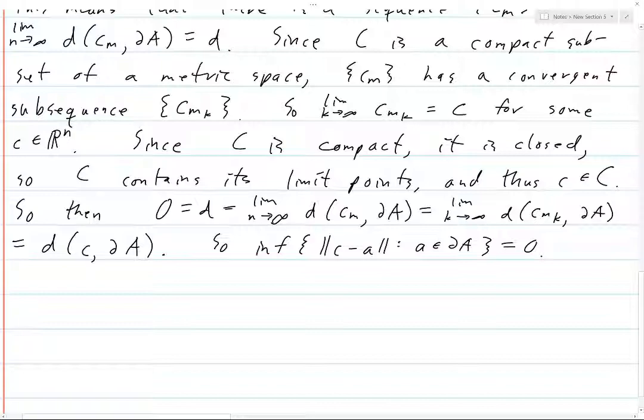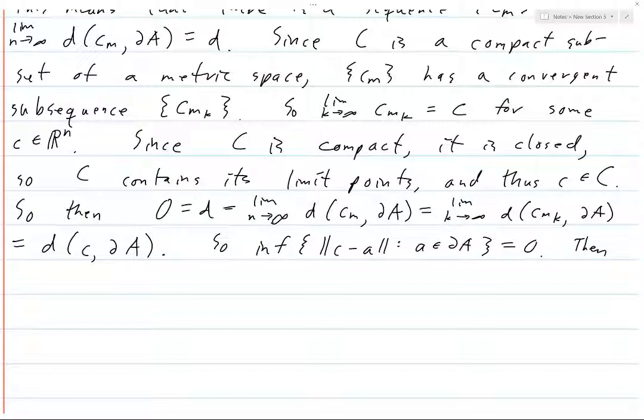So anyways, then there exists a sequence a_n in ∂A. What am I trying to prove? My contradiction is going to be from the fact that we're saying here that c is actually in ∂A.